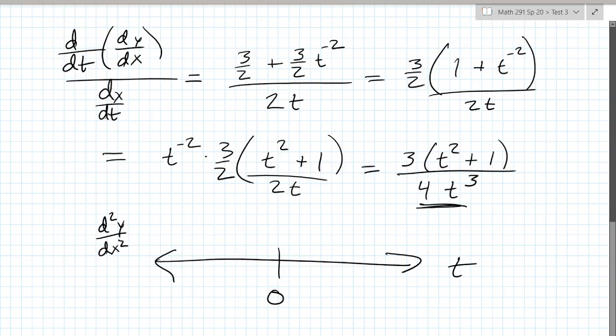Then to the left of 0, the numerator is positive, the denominator is negative, means we have concave down. Over to the right of 0, a positive number cubed is positive times 4 is positive, the top is positive, it's still positive, and it's concave up. Alright, so there you have it.